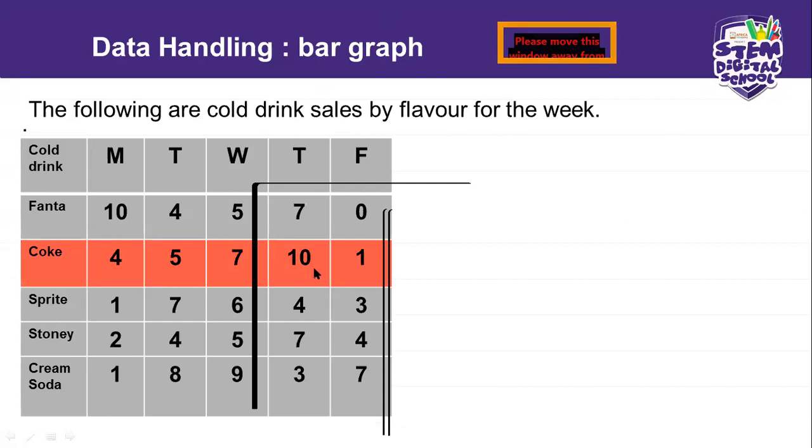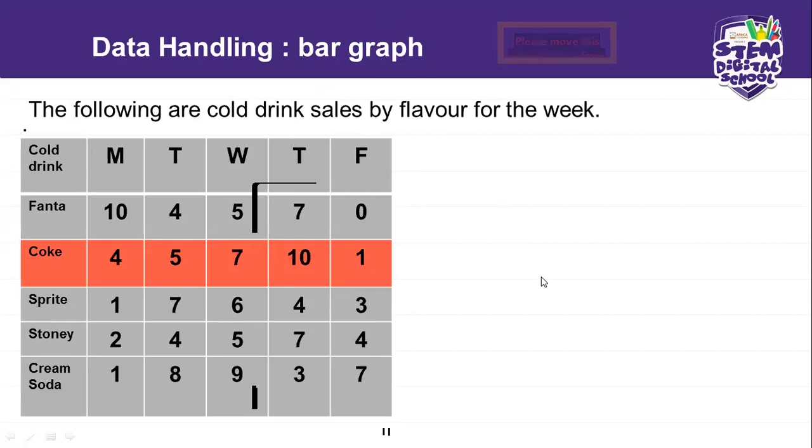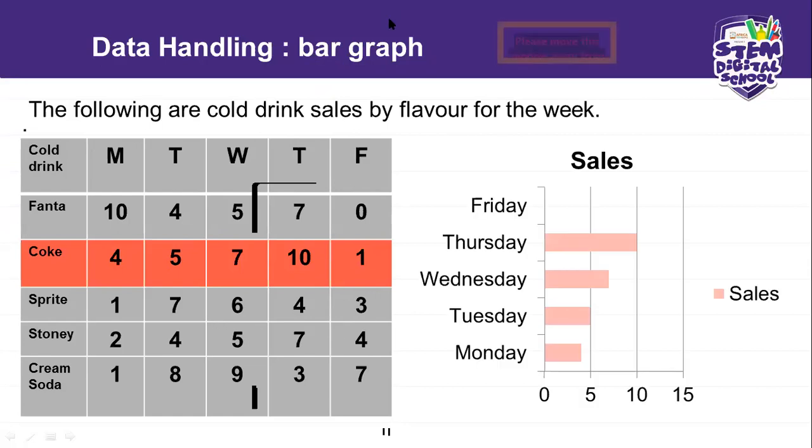The information is still the same, but what is different today is that I am not using Fanta orange, but today I have decided to use Coke. Look at our bar graph. You can do it whichever way. The other ones we had, our days. We had our days on this line.